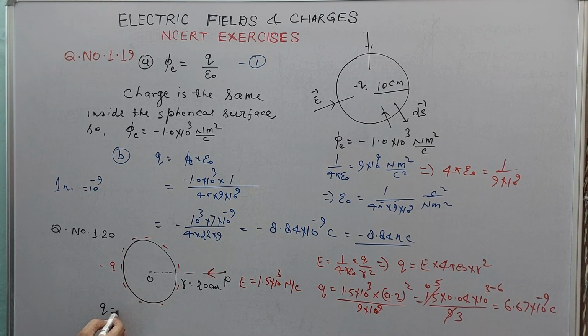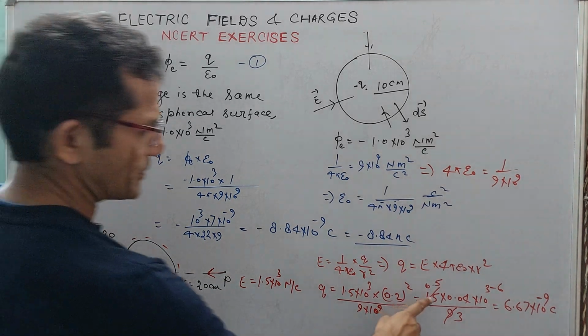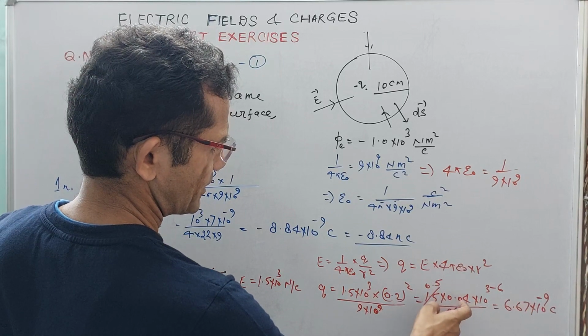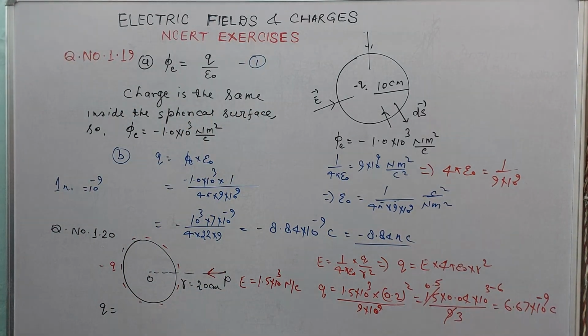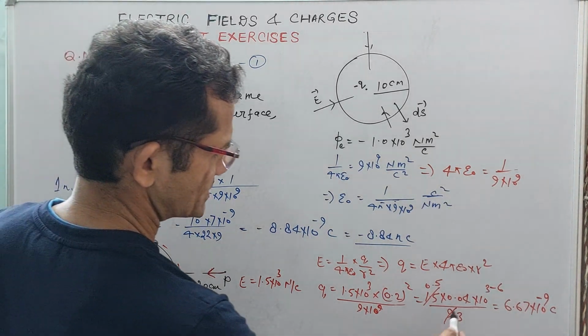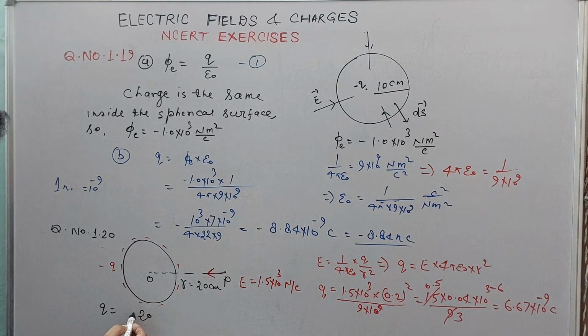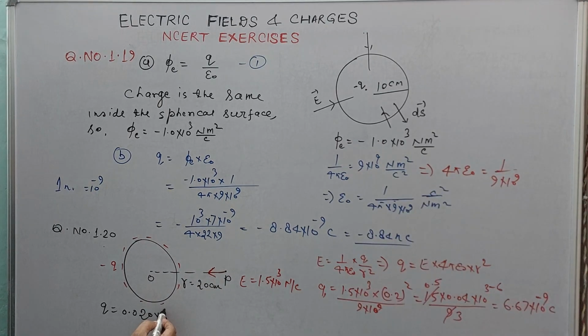Now Q is equal to 0.5 into 0.04. It comes out 20 with 3 places of decimals. This 10 raised to the power minus 3 divided by 3.